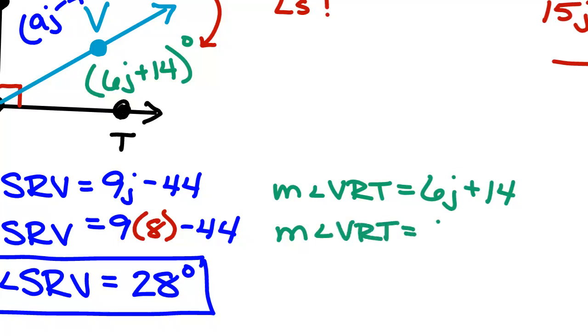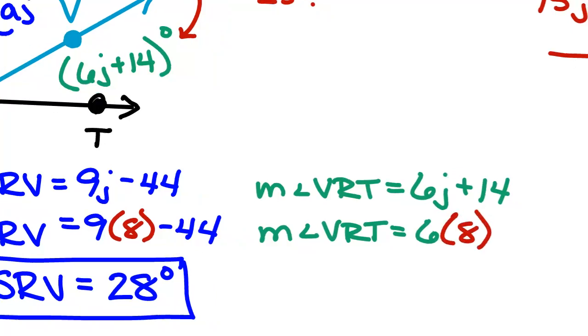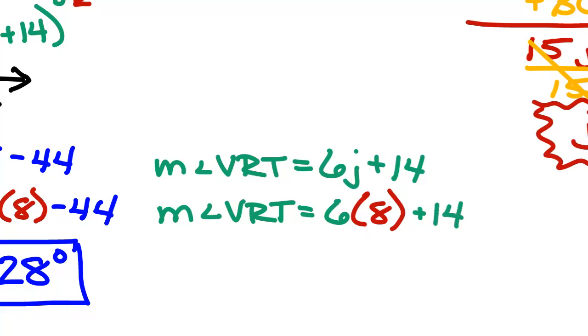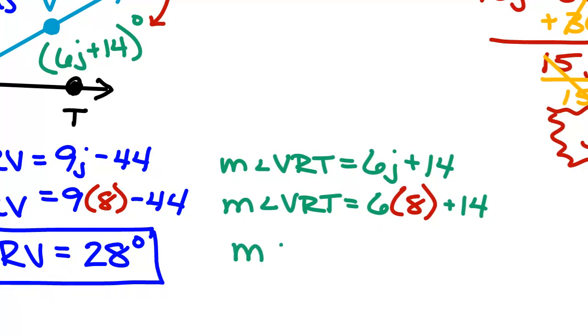And again, we figured out that J is 8, so 6 times 8 plus 14. What's 6 times 8? 48. And what's 48 plus 14? 62.